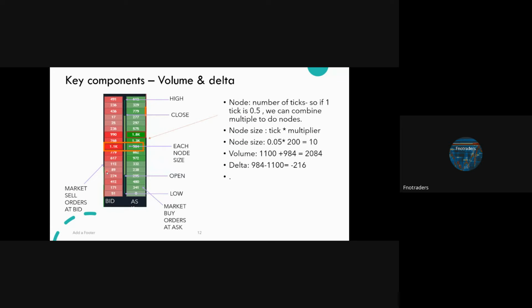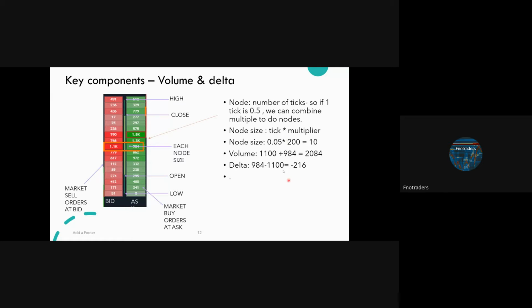Now, one key piece of information about how you structure this information in a footprint chart, in a candlestick chart, is the concept of nodes. Nodes is basically putting multiple ticks into one block of information. This is one block, this is another block, this is another block.